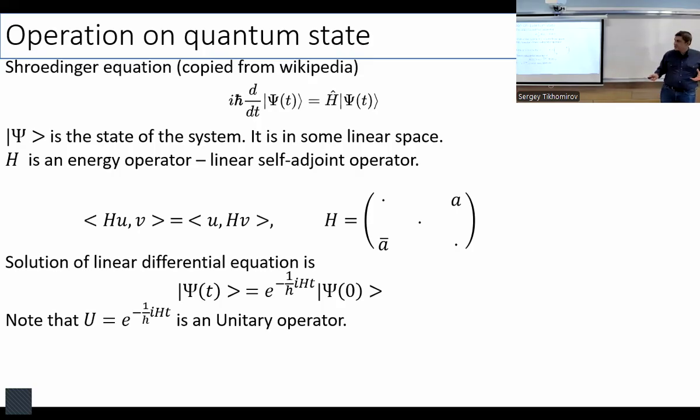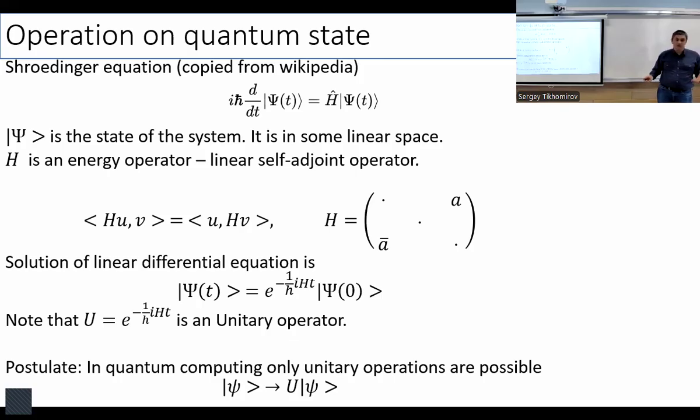So all the operations which I do are unitary and linear, and this would be my postulate. It came from quantum mechanics, but mathematically I can just postulate that it is like this. This is how quantum computers work, and it is a fundamental restriction of a quantum device.